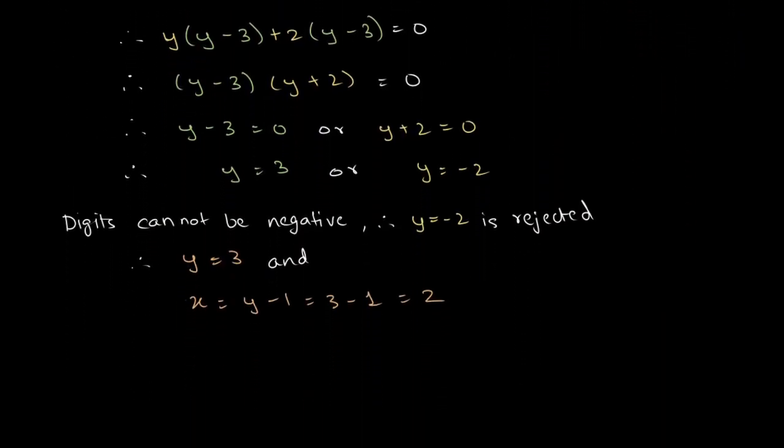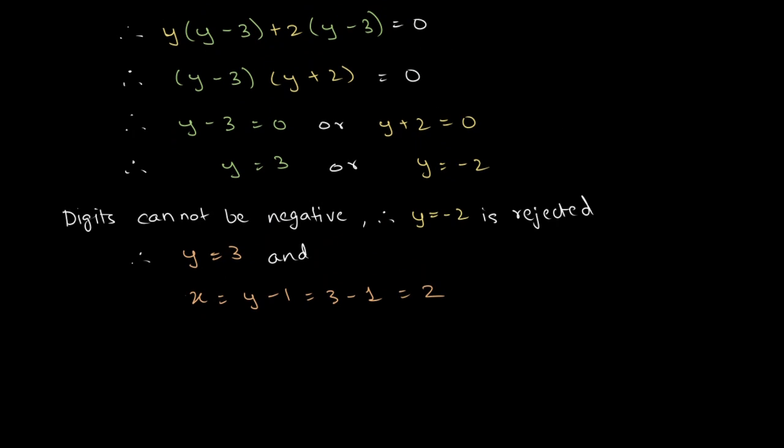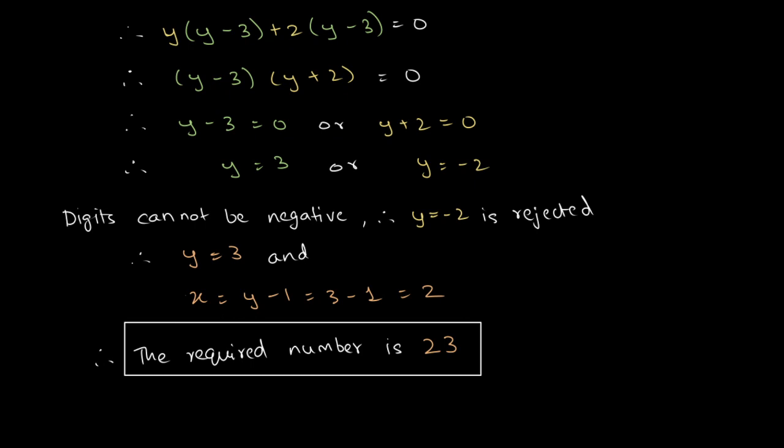So either you can solve 10x plus y to get your final answer, or we can directly say, therefore, the required number, remember, x is the tens digit and y is the units digit, so the required number is 23. This is our final answer, which we will put in a rectangle.